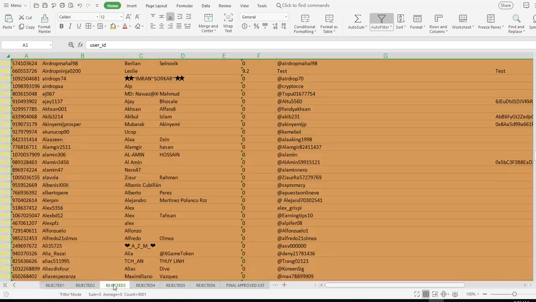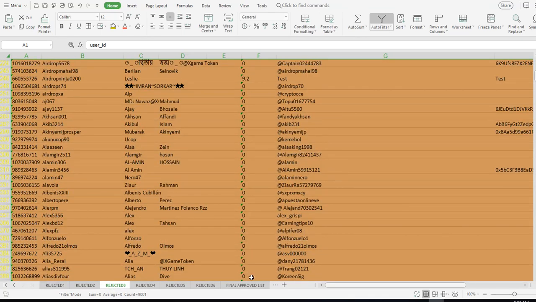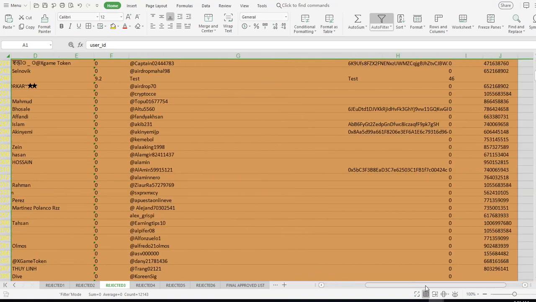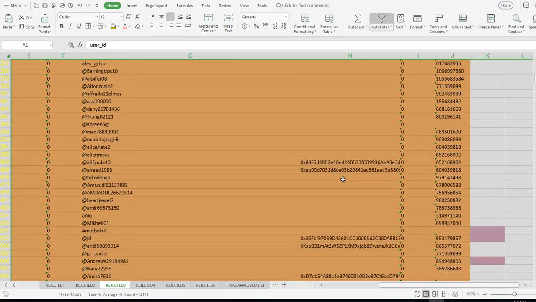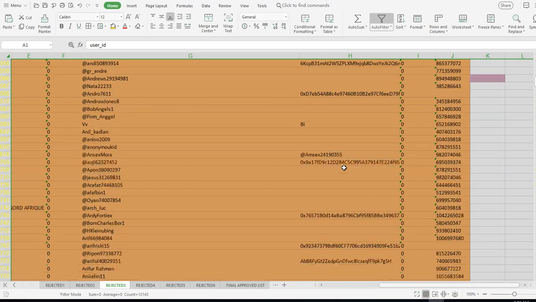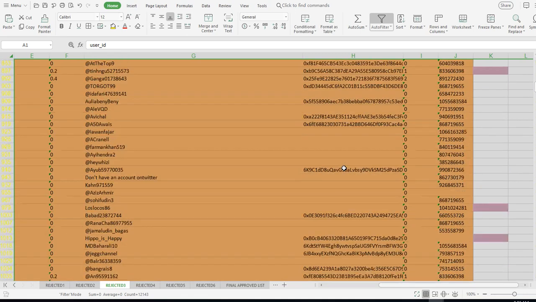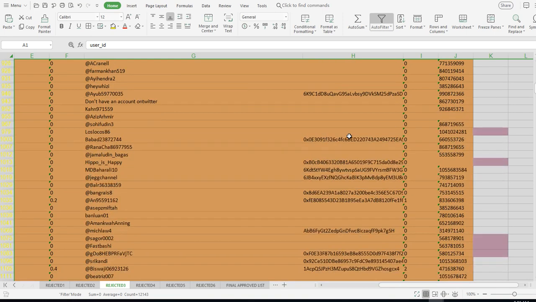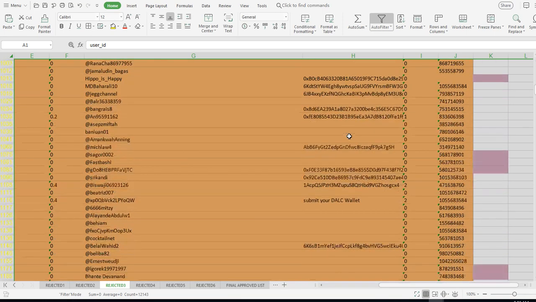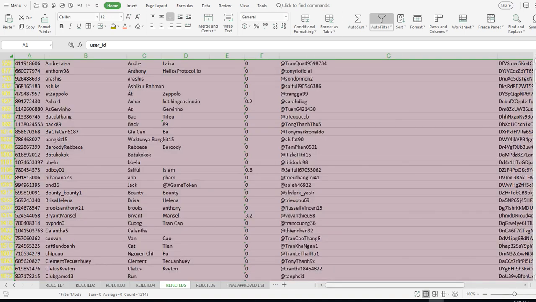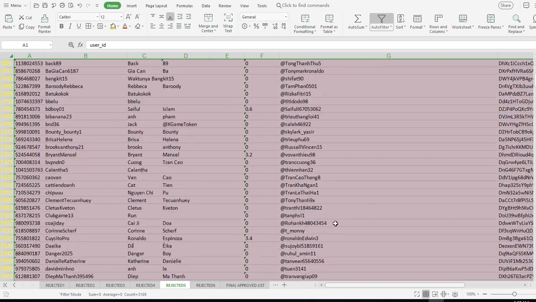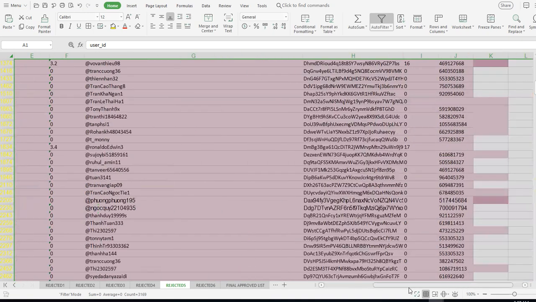Now when you check these ones, you'll see these ones are those that do not have or have wrong address. We can't pay these ones, so these ones are screened out. Some are using Ethereum address. On the airdrop it was clearly stated the address to use, so we screened these ones out. So many of them like that who have suspicious accounts, we had to weed them out.